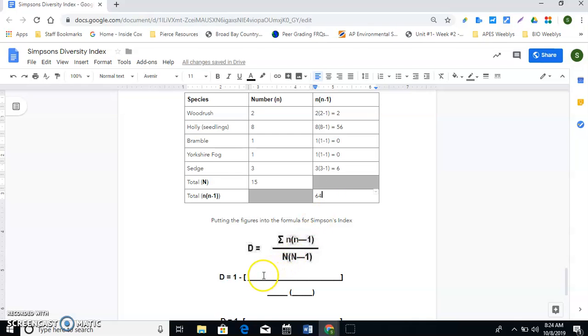Now I come down here, and I realize I'm missing the sum sign here. That's okay. My top number up here is going to be my 64. My bottom number down here is going to be my 15. Now remember, this 15 is just the big letter N, so I must do 15 minus 1.